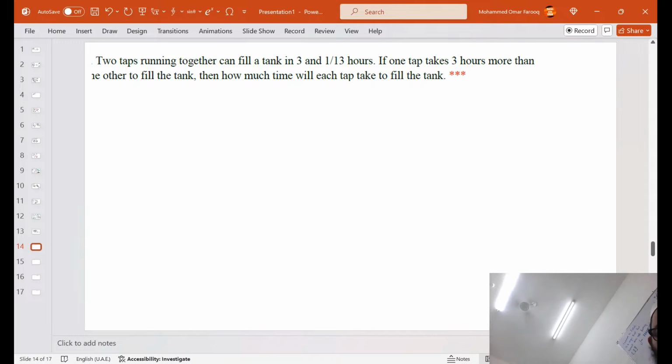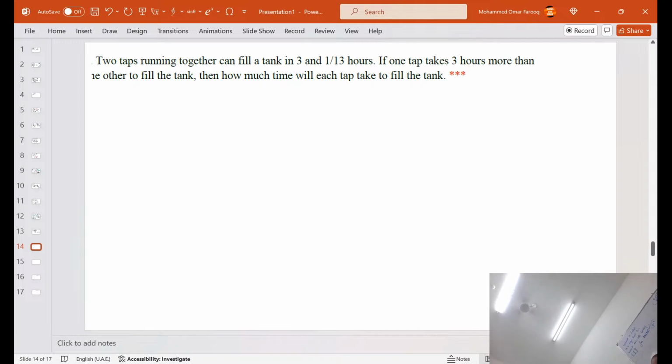The amount that the second tap can fill in 1 hour is equal to 1 by x plus 3.